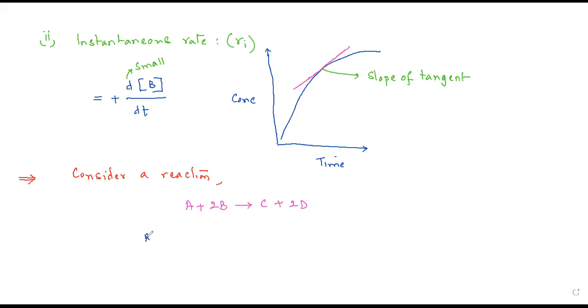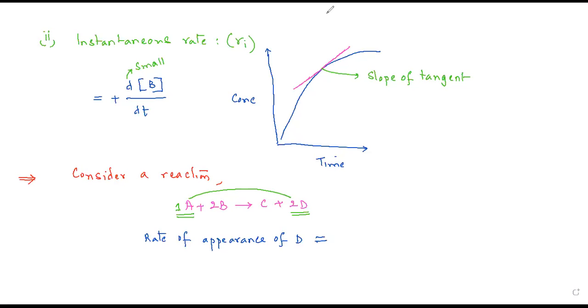Now, if we consider the rate at which D appears or D forms, look at this. The rate of appearance of D can be given as 2 times the rate of disappearance of A, right? Because when 1 mole of A is disappearing, you are getting 2 moles of D.